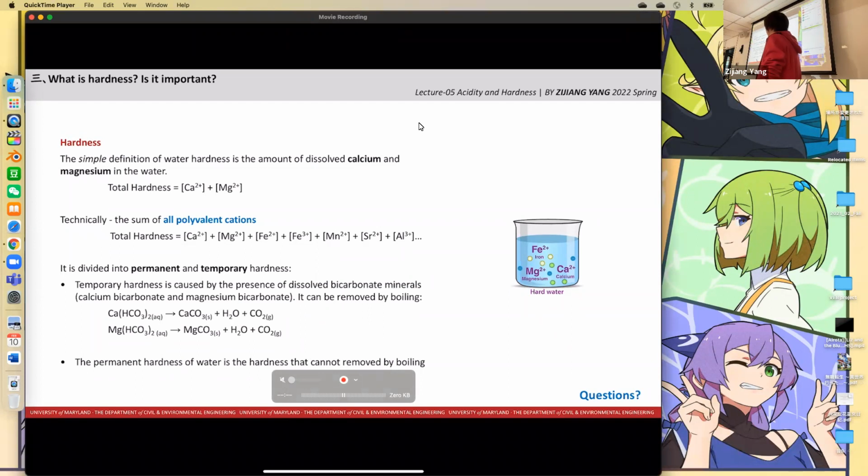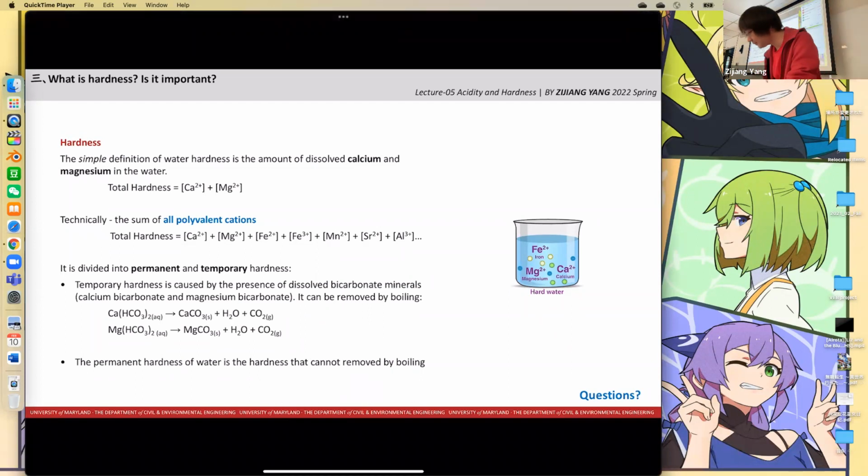And the next topic is about hardness. Hardness is defined as the sum of all polyvalent cations. So basically, the hardness can be expressed as the concentration of calcium, magnesium, iron, and so on. But note that they should be polyvalent cations.